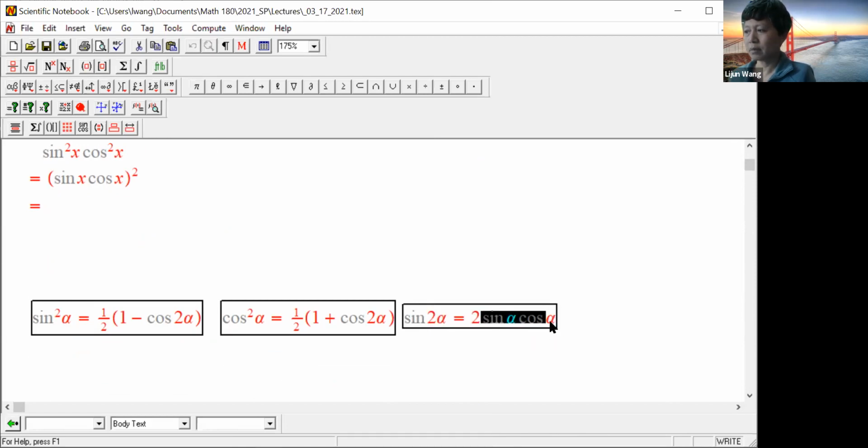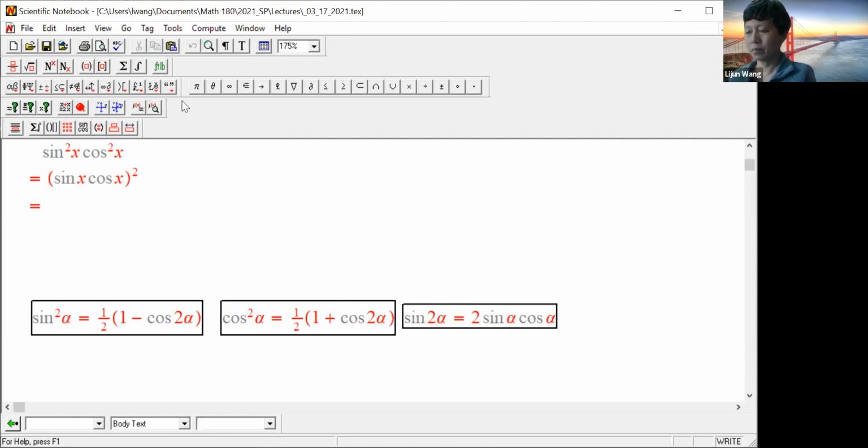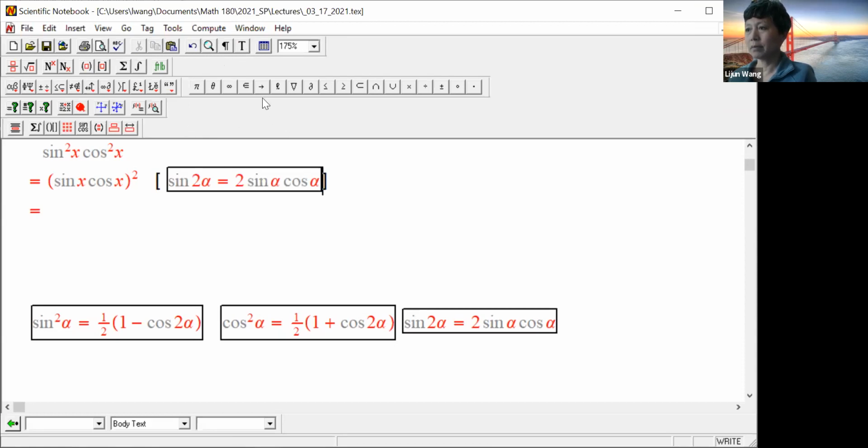So I'm taking this formula, and then I manipulate it: sine alpha cosine alpha is equal to half of sine 2 alpha.